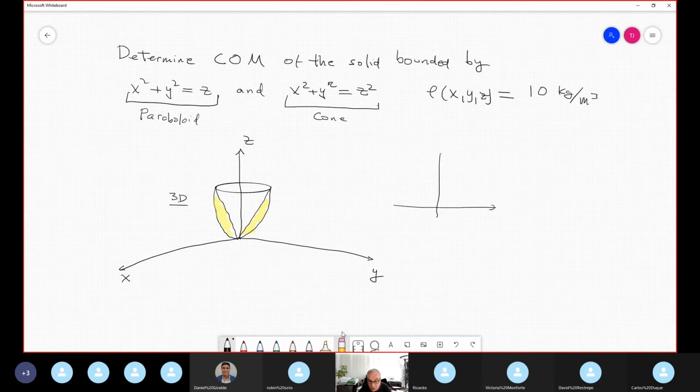For example, I'm doing the 2D lateral view. Supposedly this is the x-axis, and this is the z-axis, and we have a cone. The cone looks like two lines, like an absolute value, and the paraboloid looks like this, and this is my solid.